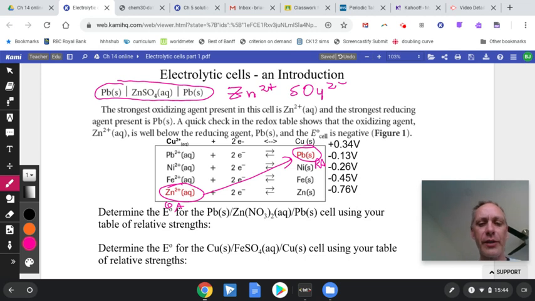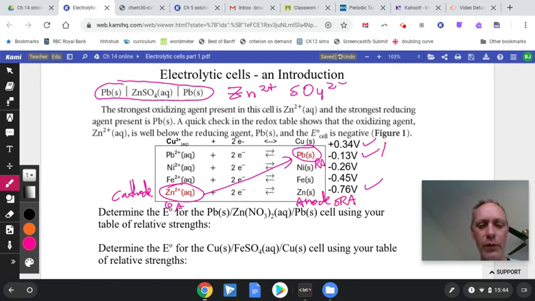Cell potential for this, if we were going to calculate it, we have all our cell potentials here. So cathode, strongest oxidizing agent. Anode on this side, strongest reducing agents.